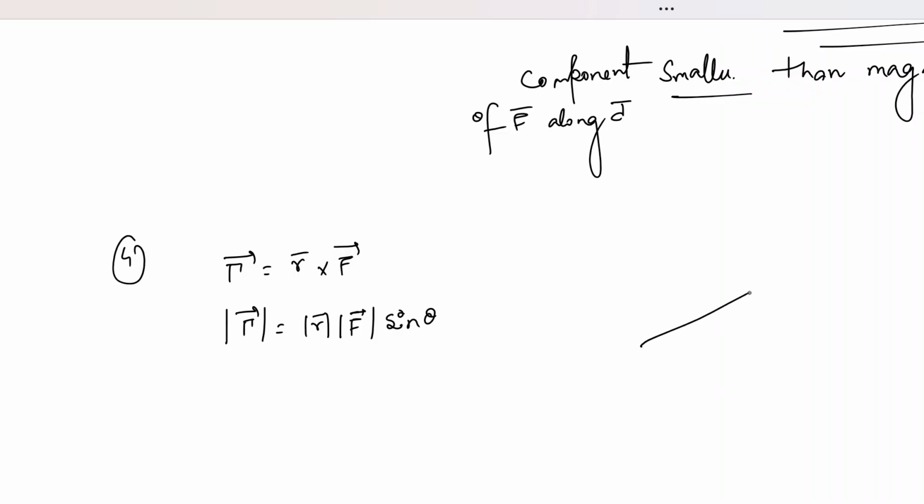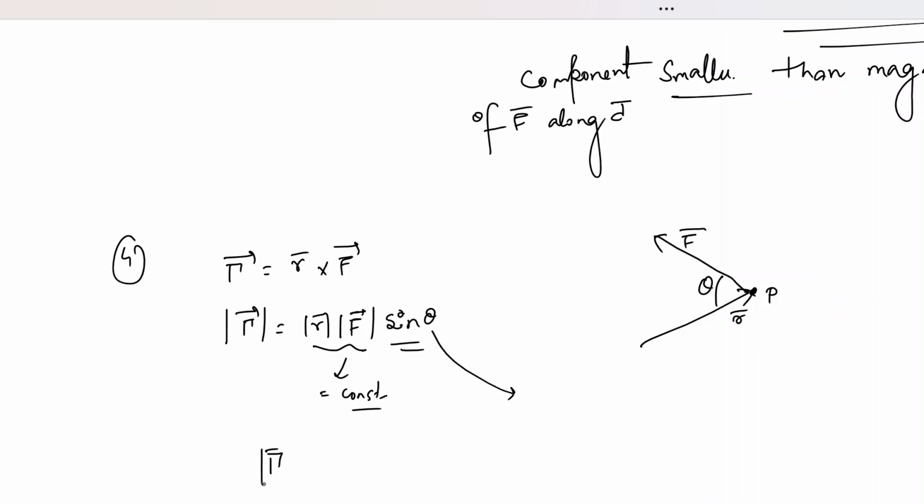So if your R is like this, and your F is like this, and this is the point of application of the force P, and this angle is theta. Since these two are constants, you cannot change them, they are fixed values. You can tune your theta to get the maximum tau.